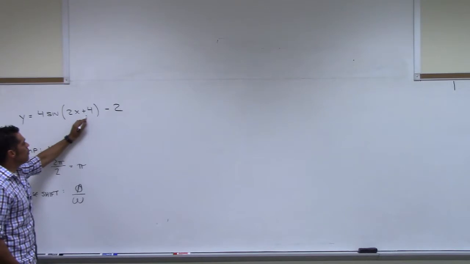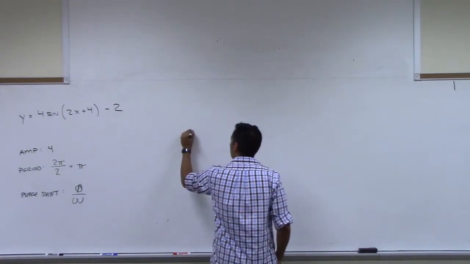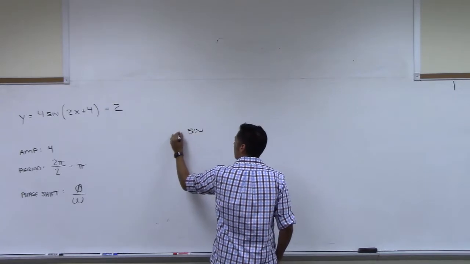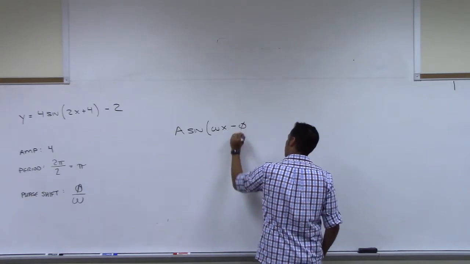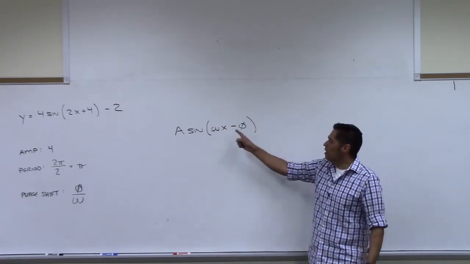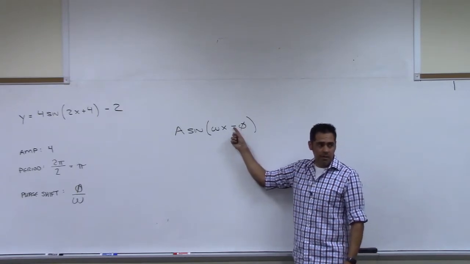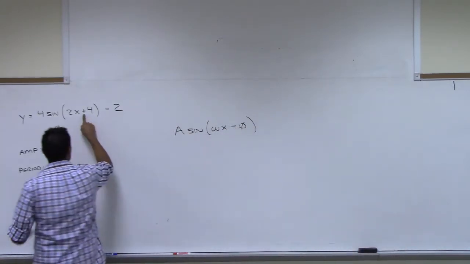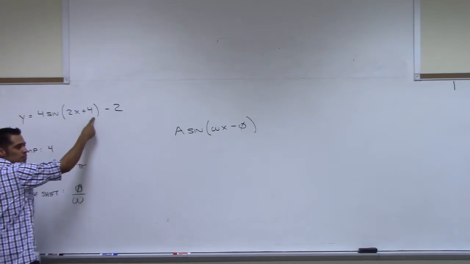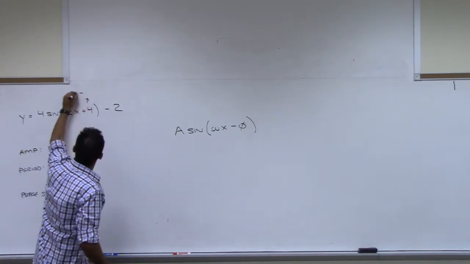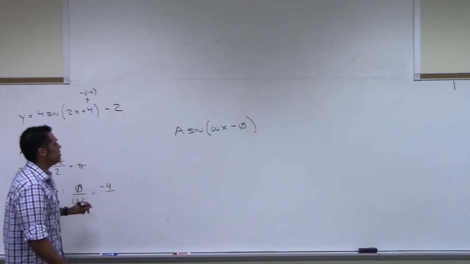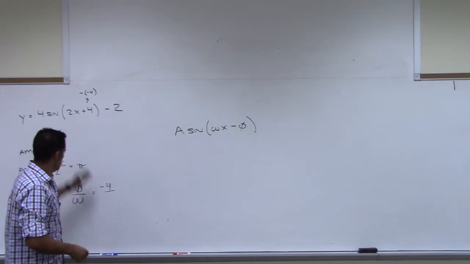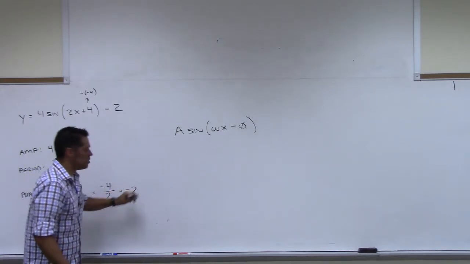It's 4, but remember the general formula is amplitude, sine of omega x minus phi. So in the formula, there's a minus here, right? Here we have a plus, which means we need to look at this as minus -4. This is really minus -4. So that means phi is actually -4. So -4 over omega, which is 2, right? So you get -2. That's our phase shift.